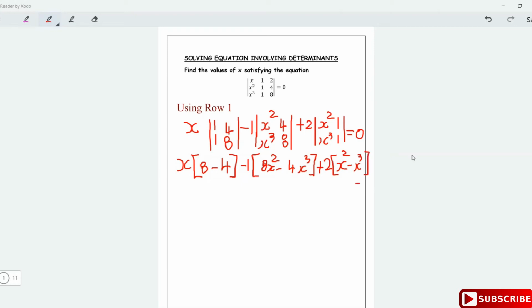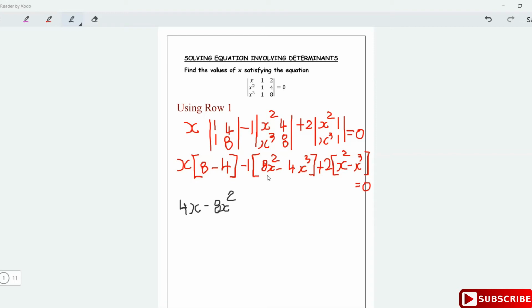Solving this, it looks like it's going to lead to a cubic equation. 8 minus 4 is 4, so that part works out to be 4x. Then we have minus 1 times 8x squared, which is minus 8x squared.